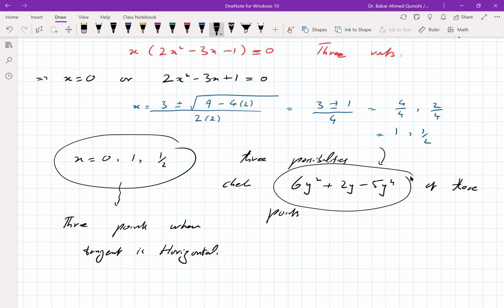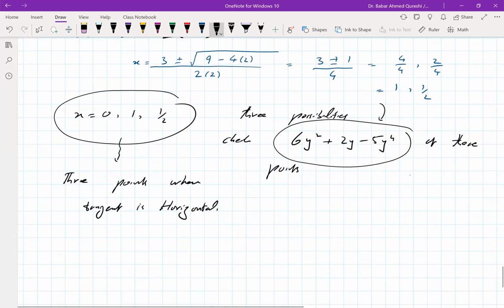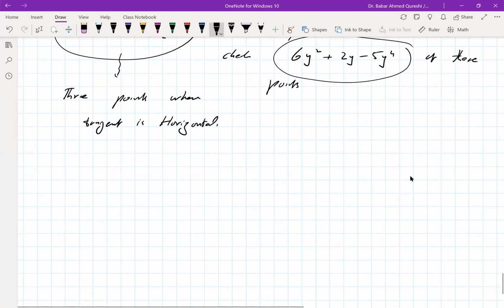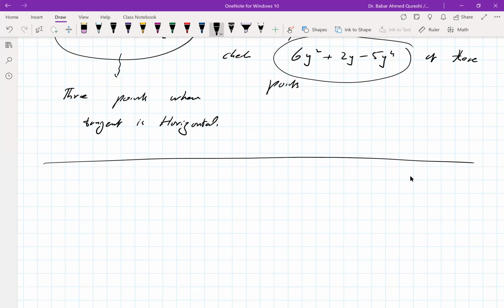Let's do this one. This is called a hyperbola.